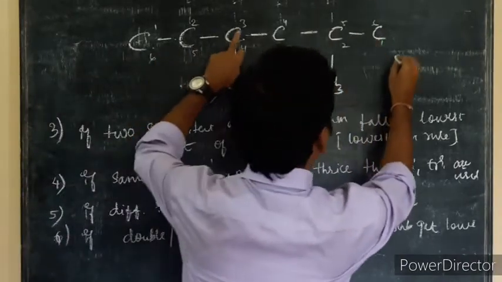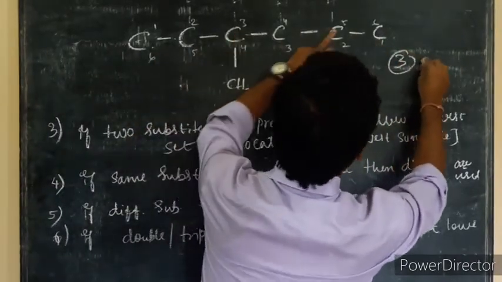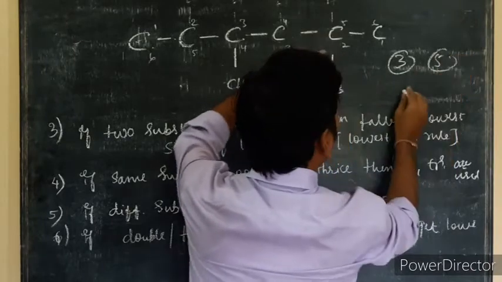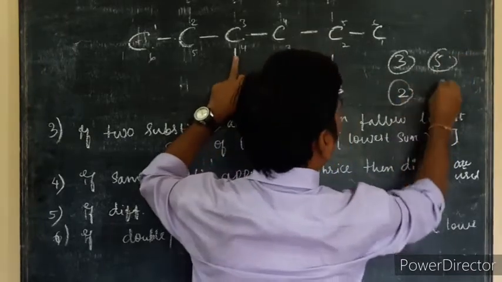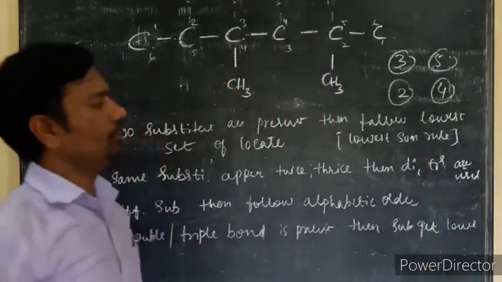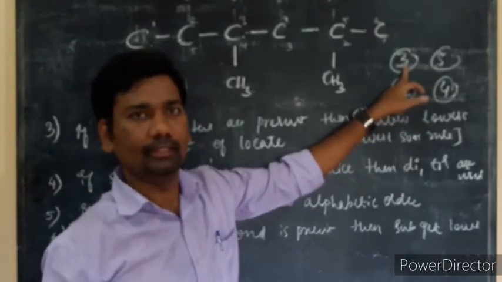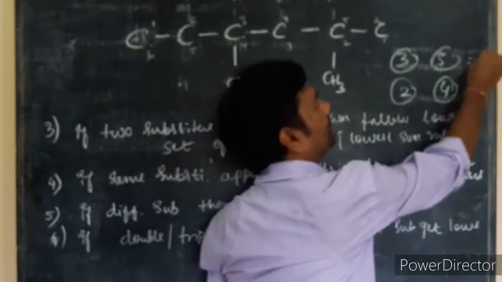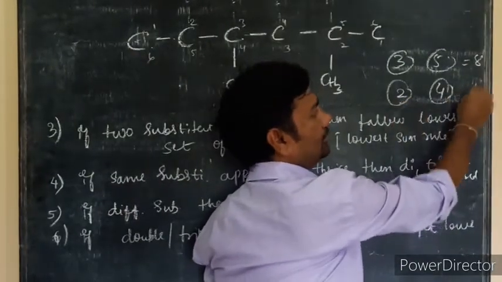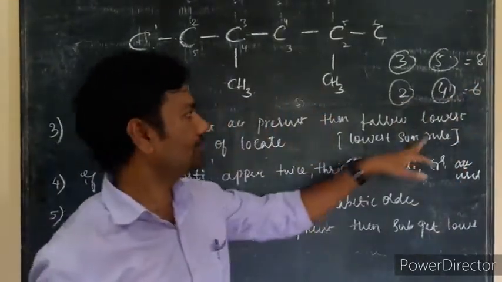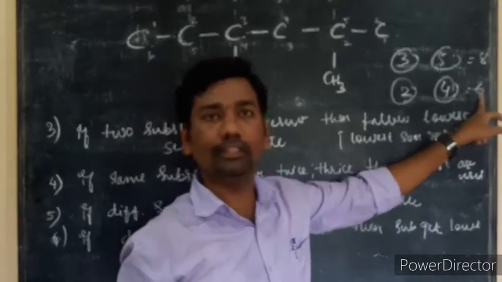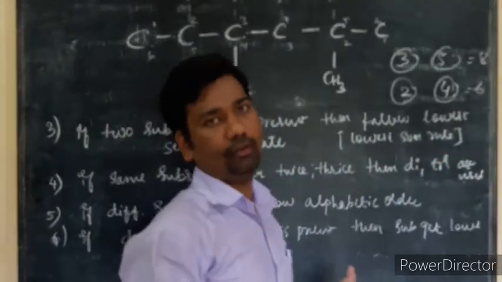So one way it is 3 and 5, and from the bottom it is 2 and 4. The lowest sum rule indicates: if you add 5 plus 3, that is 8. 4 plus 2 is 6. So the lowest sum rule says whichever sum is lowest, you have to follow that.